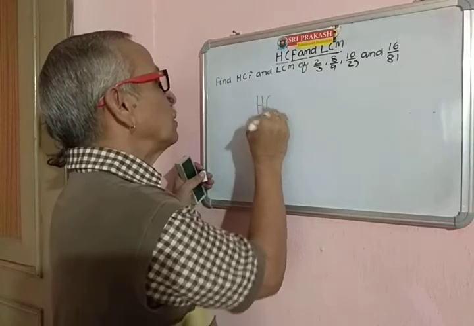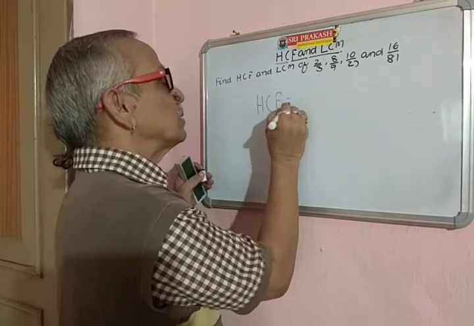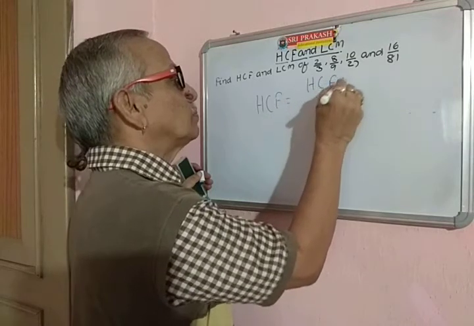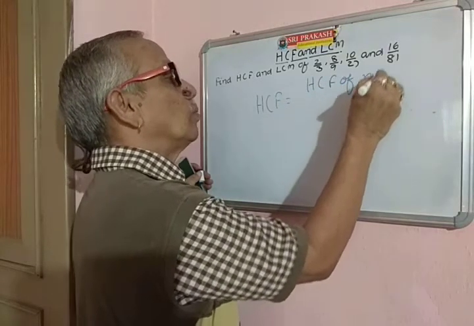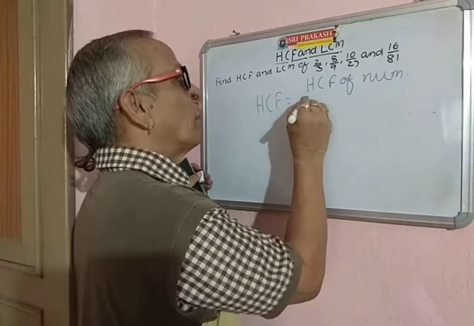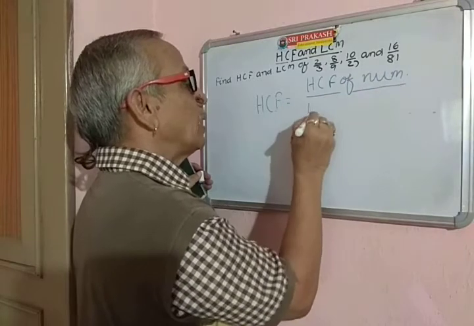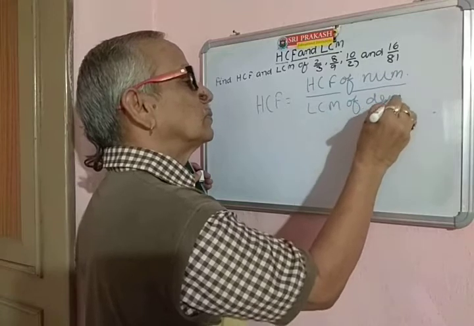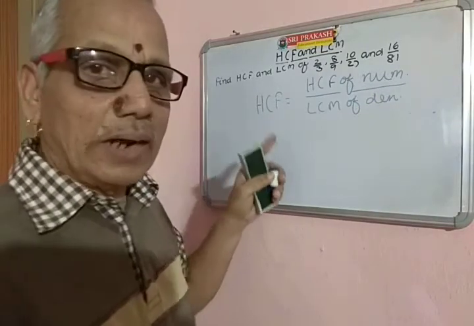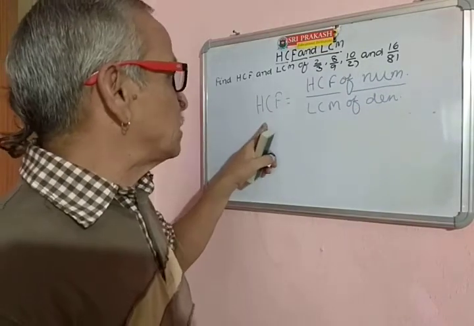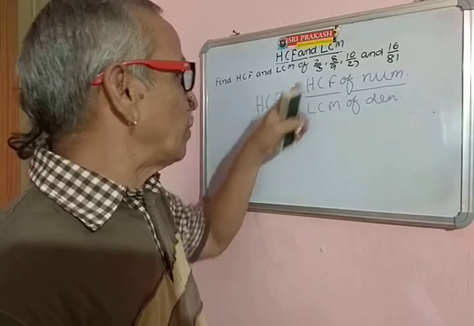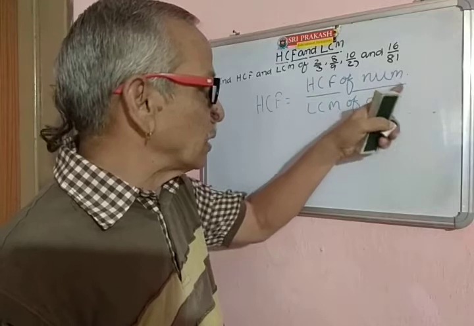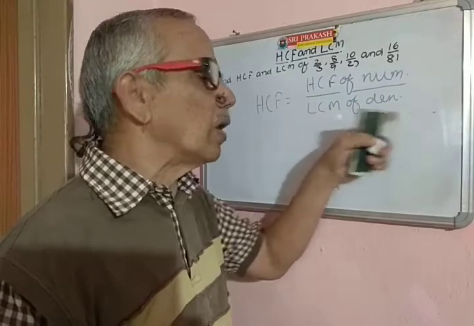HCF of the given fractions will be HCF of numerators by LCM of denominators. Clear? Let me read again. HCF of given fractions is equal to HCF of numerators by LCM of denominators.